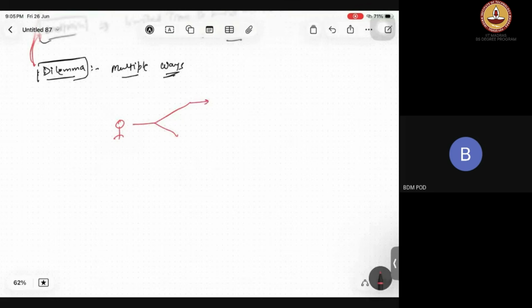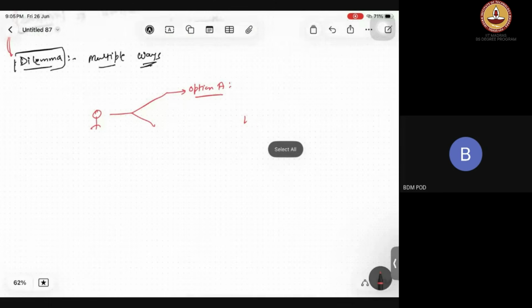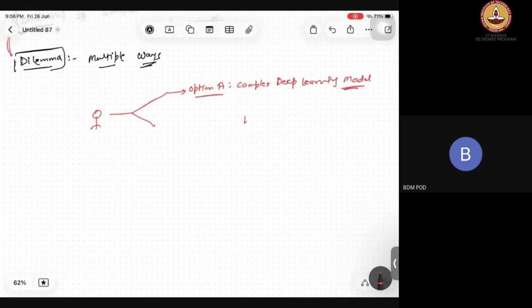The first path, option A, is to implement a complex deep learning model for this fraud detection.